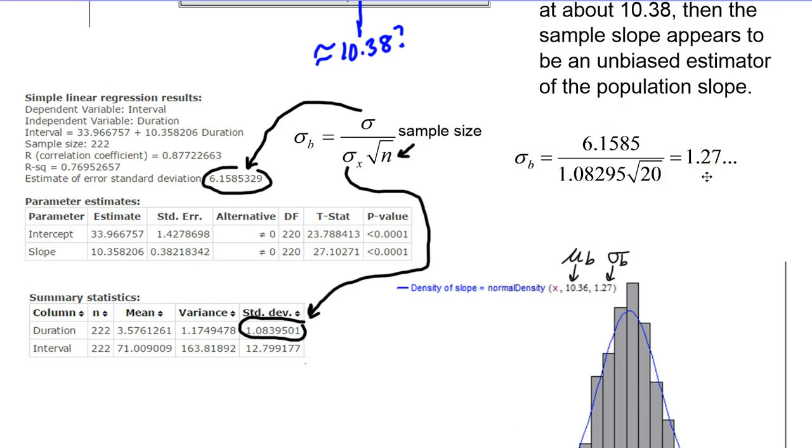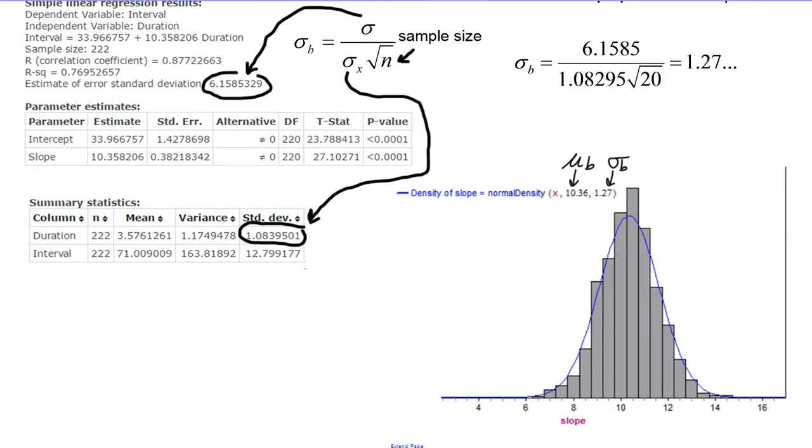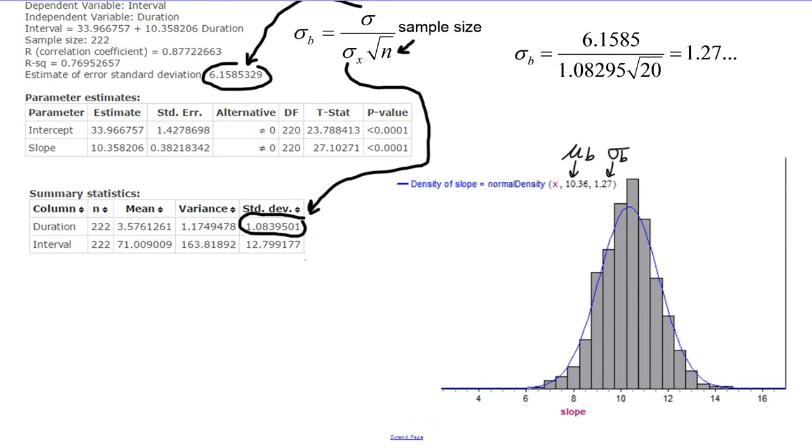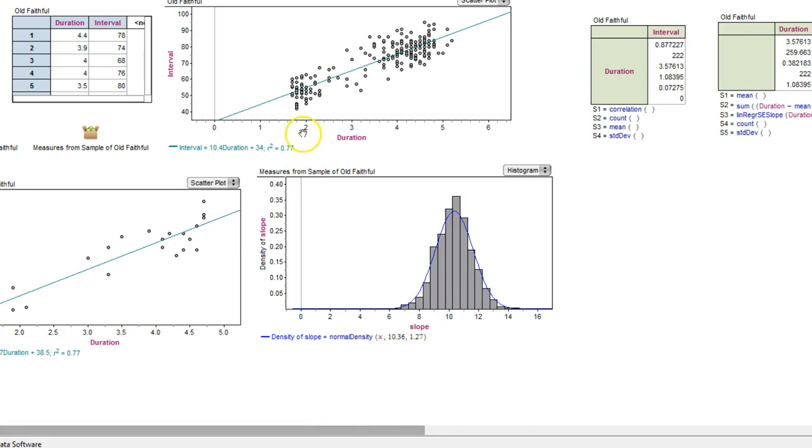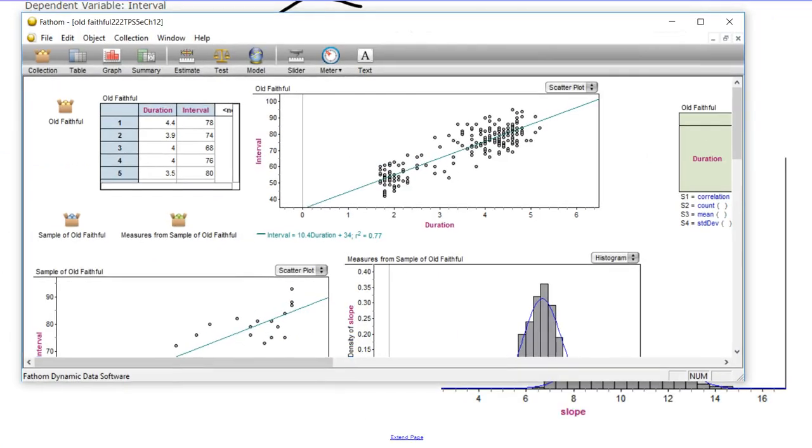So how does that fit with the standard deviation of the slopes? I have a program called Fathom, and in Fathom, let me change my window size here so we can see this better.